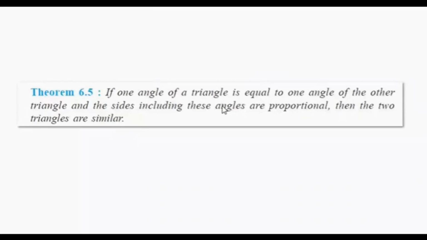Look here, when we talk about the sides, we are saying not equal, but they are in the same ratio or in proportion. Then those triangles will be similar. That means their angles will be equal and all three sides will be in the same ratio.